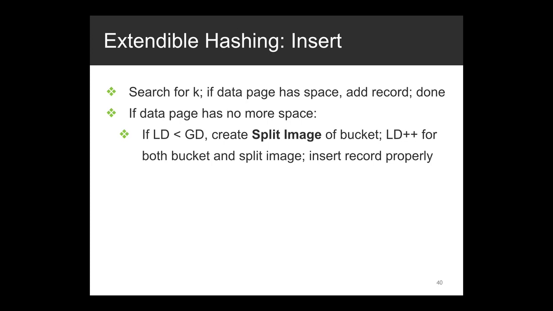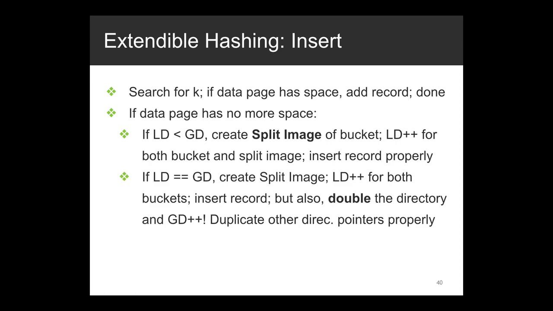If the local depth parameter of a page is strictly less than the global depth parameter, then you partition that bucket into 2 buckets, and the second bucket is called the split image. The local depth parameter for both these new pages is incremented by 1. Then you insert the record based on what the last bits are.